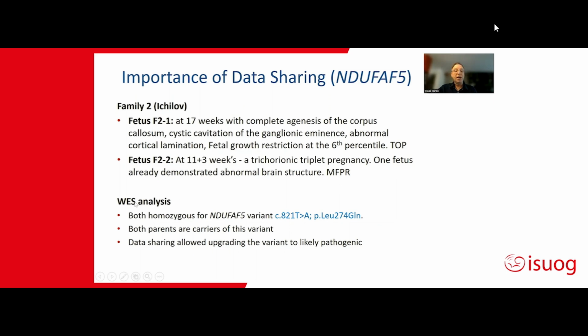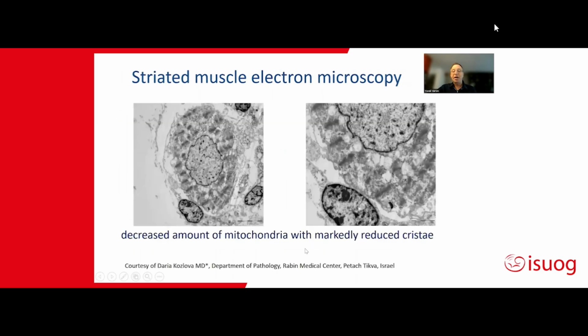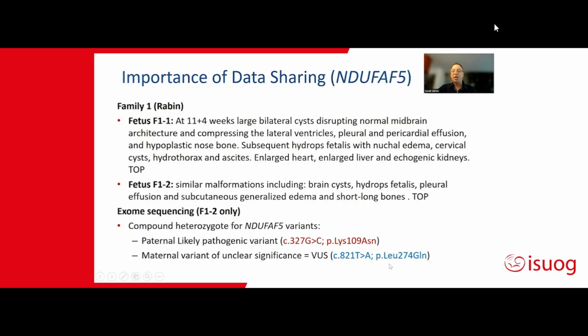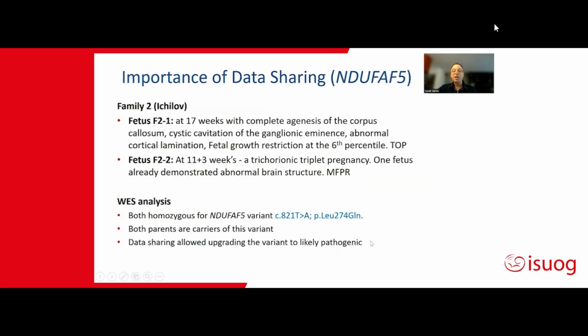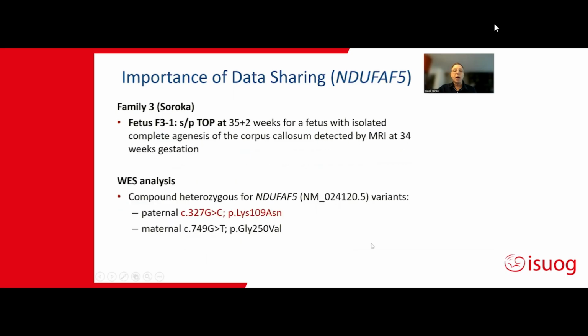Using whole exome sequencing analysis, we showed that both were homozygous for the same NDUFF variant, and both parents, of course, were heterozygous carriers. This was actually the same variant that was detected as a compound variant in the other case, so this appeared to be causative in our case as well.